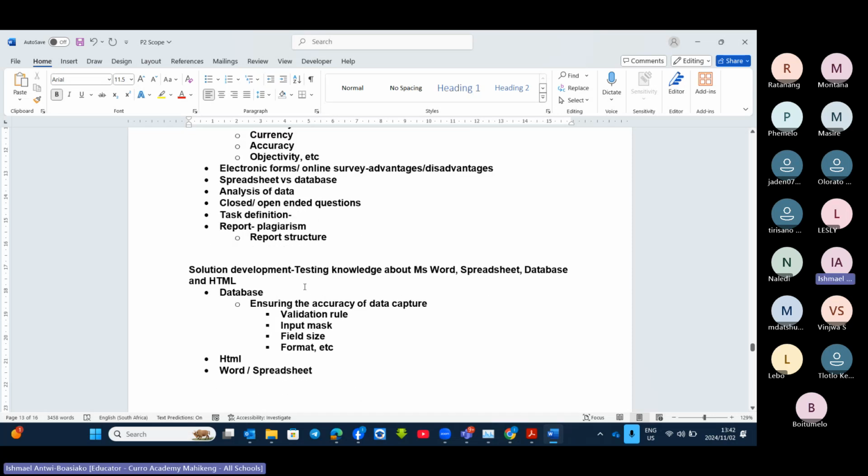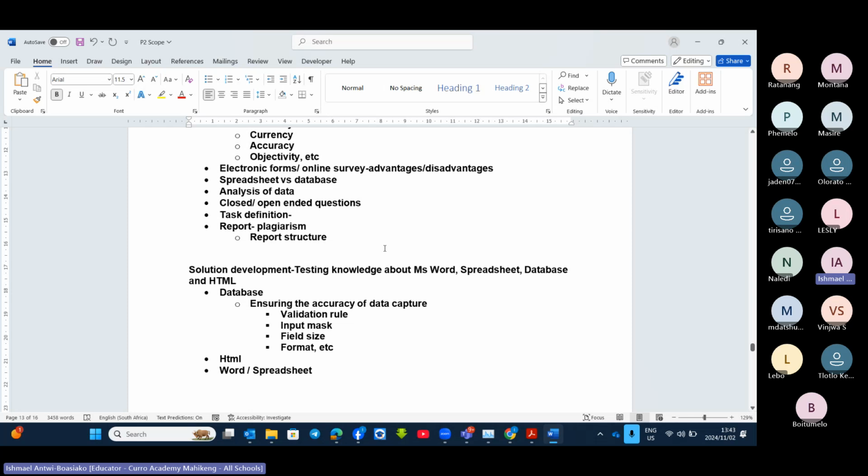Then the solution development, whereby you'll be tested about Microsoft Word, spreadsheet, database, and HTML. With this, you have to apply whatever you do in practical, let's say when you are doing Microsoft Word, like the paragraphs, the rulers, the font, the layout, all those, they can ask you questions on that.